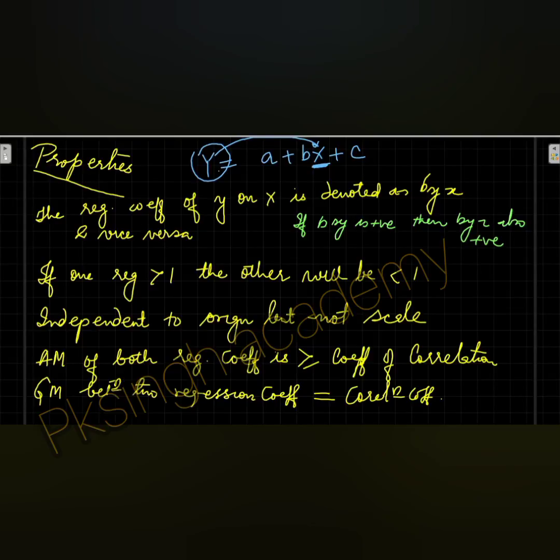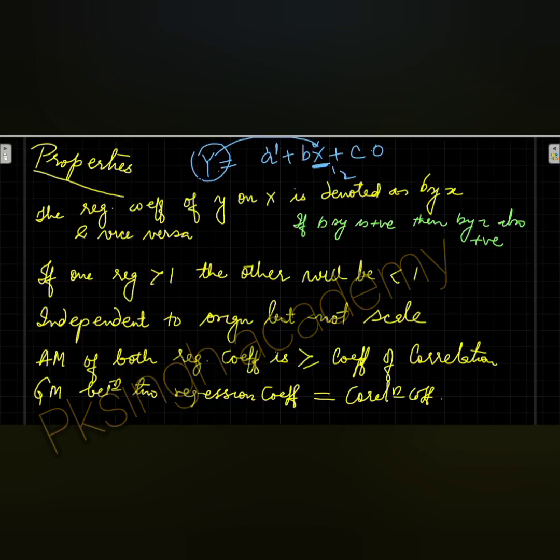Now if one regression coefficient is greater than 1, the other will be less than 1. For example, if we take x as 2, and here it is 0, the other is 1.